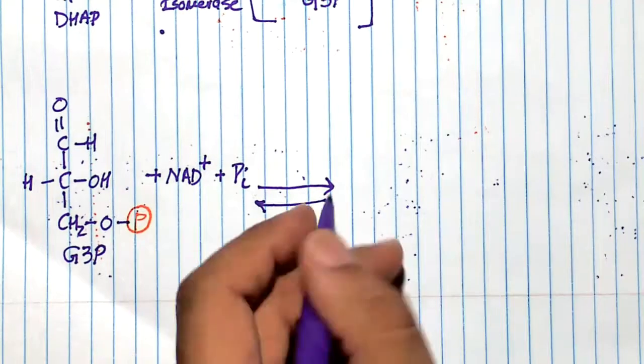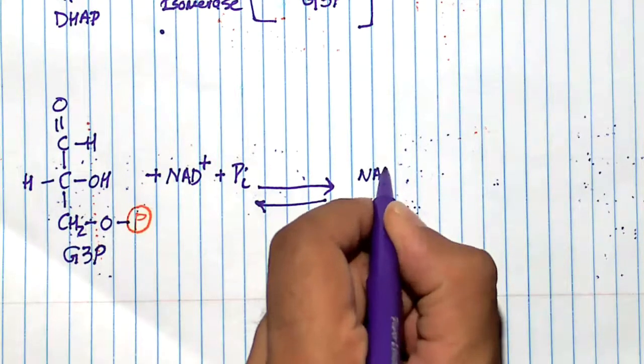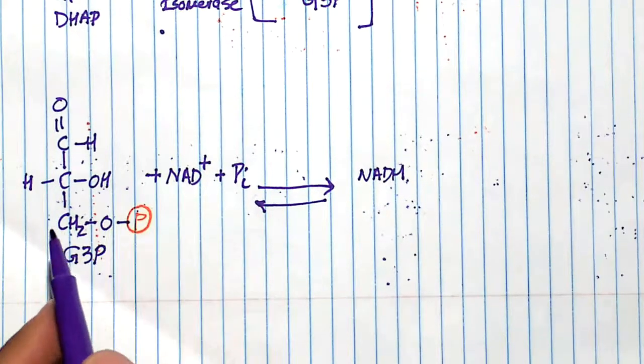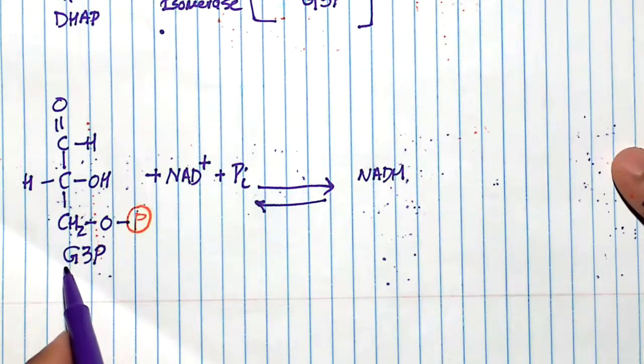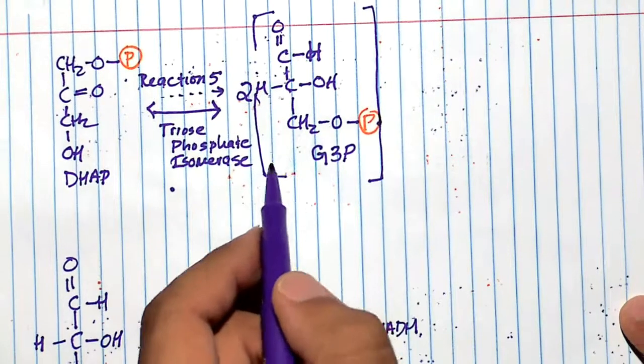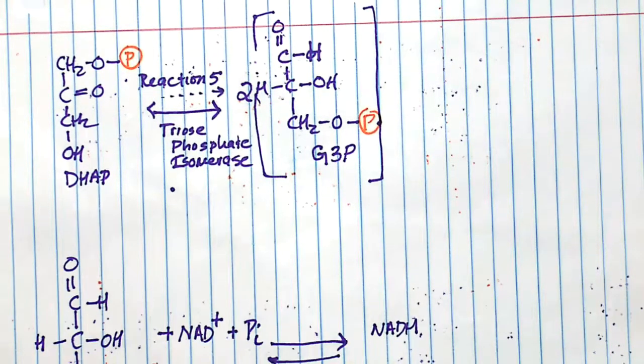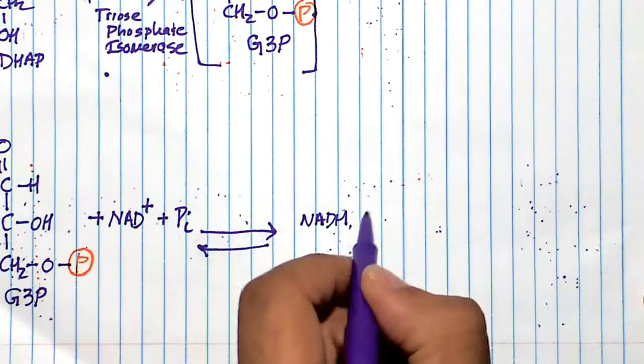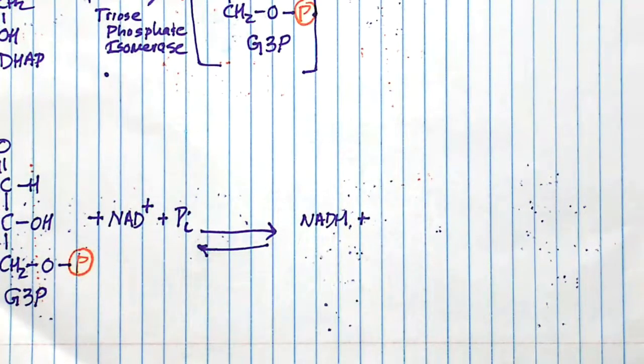And you're going to get a good molecule here, NADH. So it's actually 2 NADHs, right? Because I'm only drawing it for 1 molecule of G3P, but thanks to triose phosphate isomerase, we have 2 molecules of G3P that enter in. So we get NADH and we get 1,3-bisphosphoglycerate.